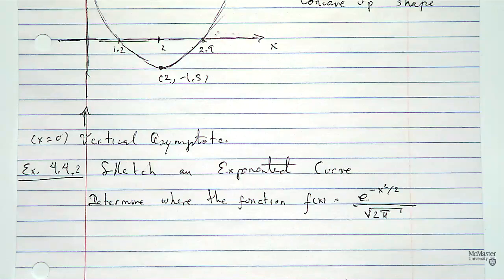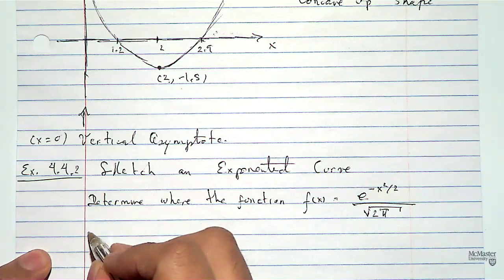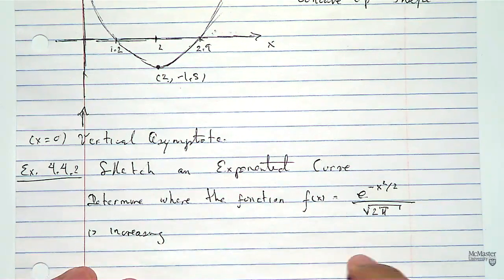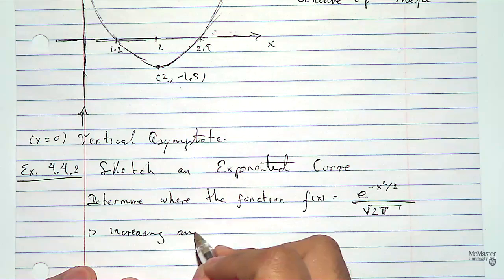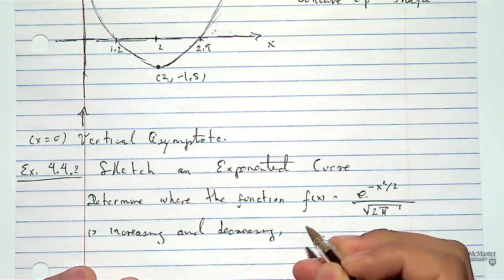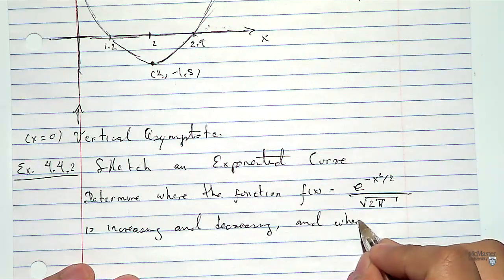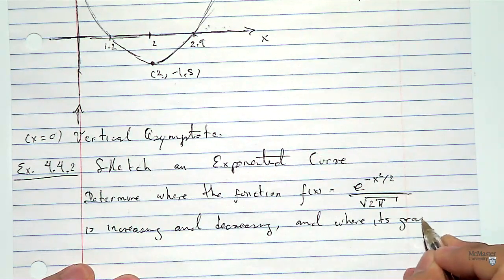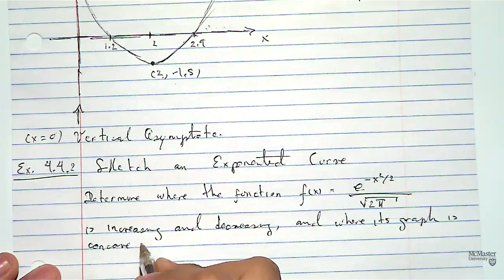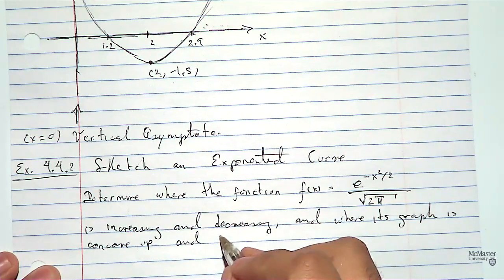No? Well, so you have to determine for this function where it is increasing and where it is decreasing. And where its graph is concave up, and the other region in which it is concave down.